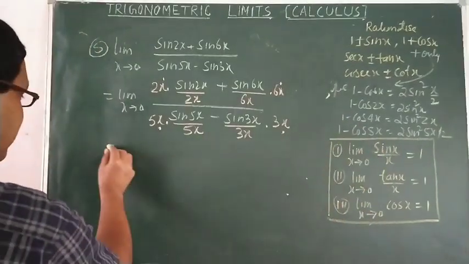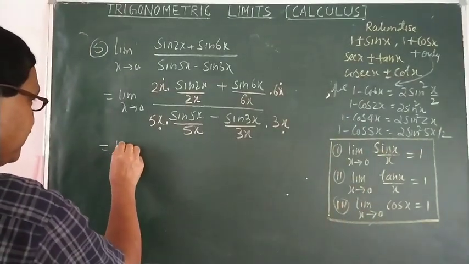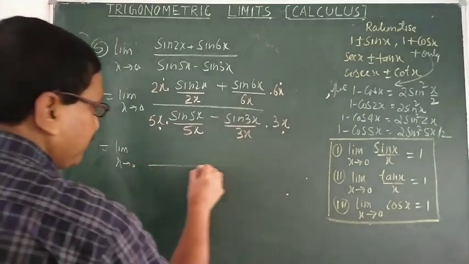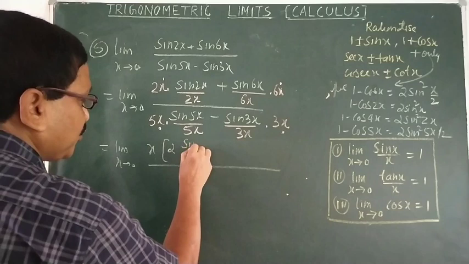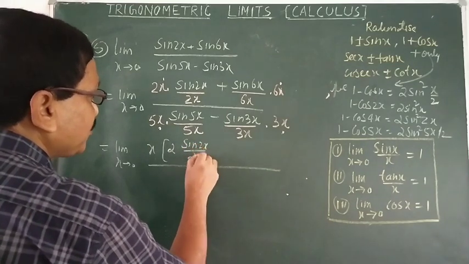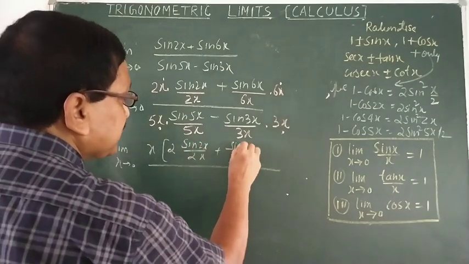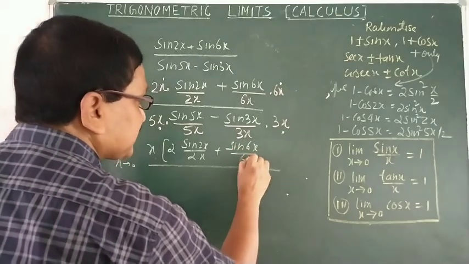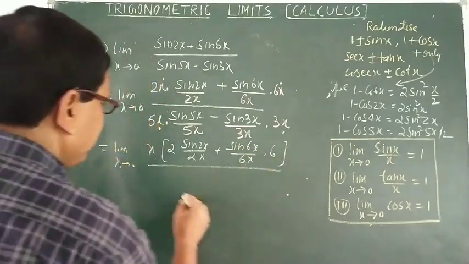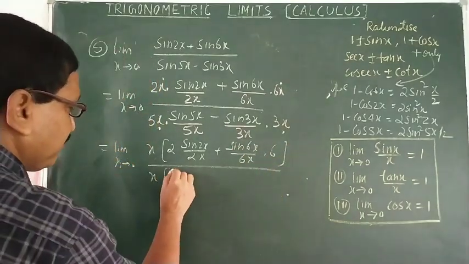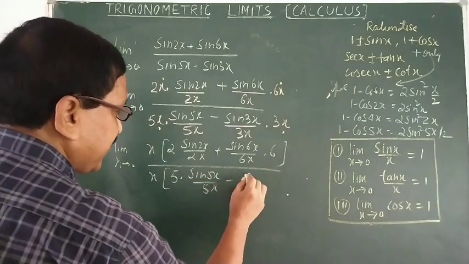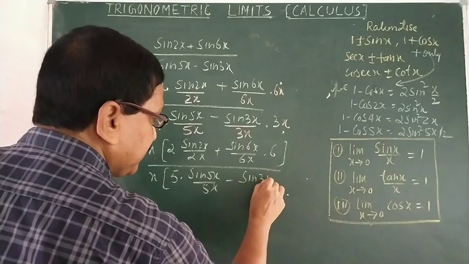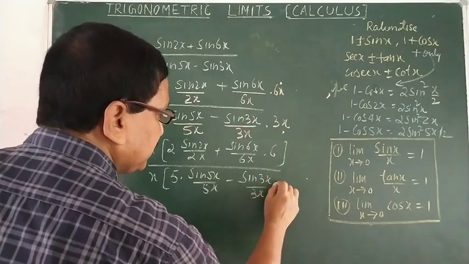Don't be in hurry. Limit x tends to 0. X common. So we get 2 sin 2x by 2x plus sin 6x by 6x into 6. By x common, 5 into sin 5x by 5x minus 3.